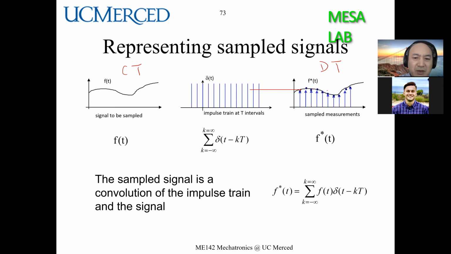I think a long time ago, I gave you an example saying that I have a function f of t. I only want to pull out a specific point, let's say t0.